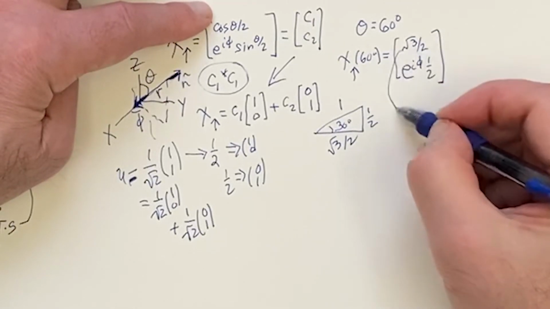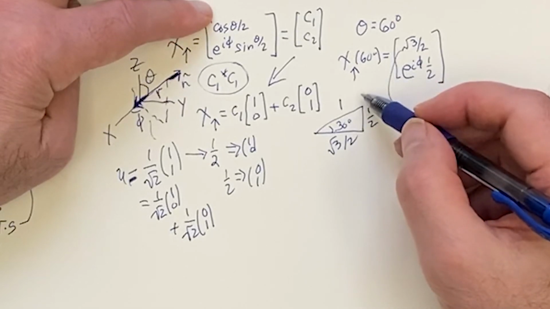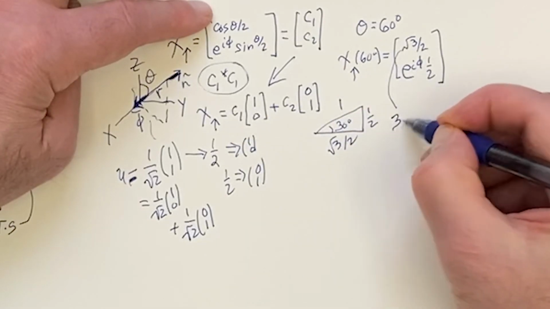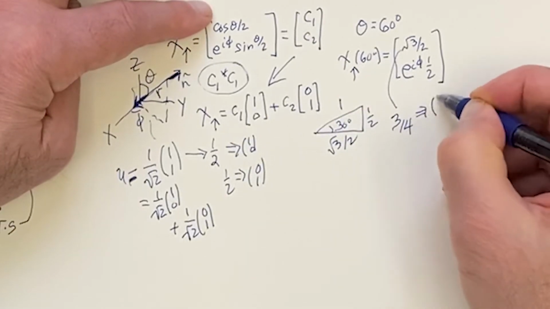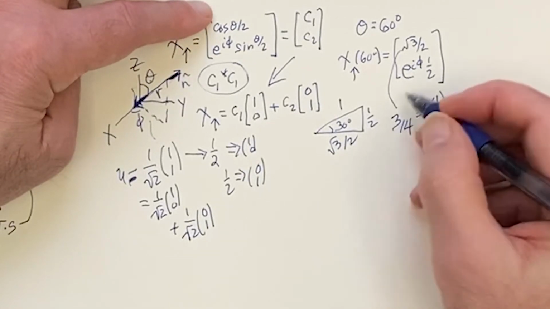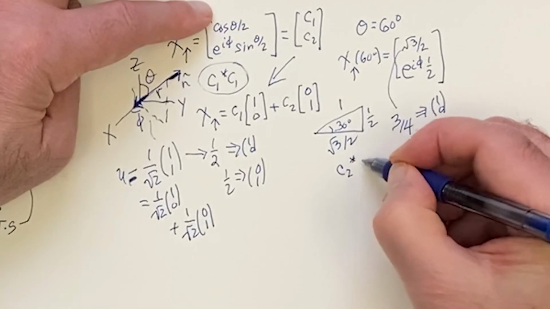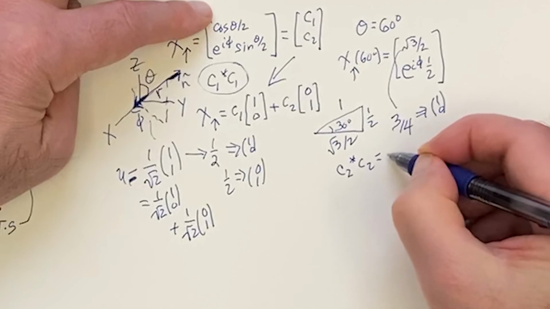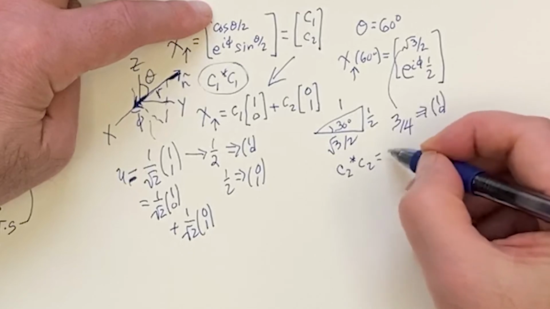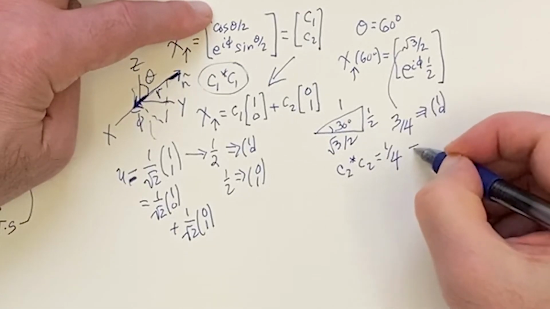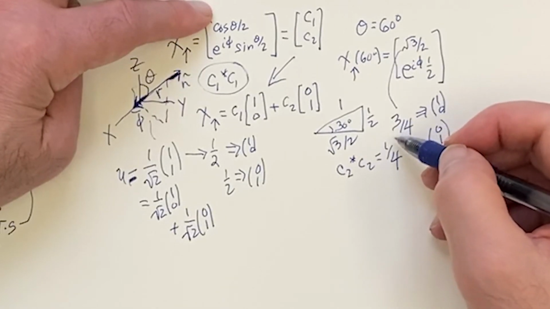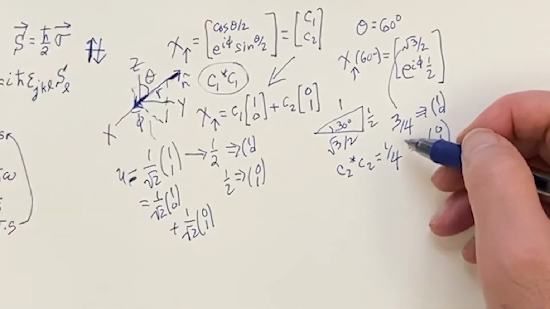That gives the probability if you make the measurement along Z: 3/4 of the time you would measure spin up along Z. For the bottom one, you take C2 star C2. The exponential, with the star giving the minus sign, goes away, so you simply get 1/4, which makes sense since the total probability is 1. So that's the insight as to what we're doing.